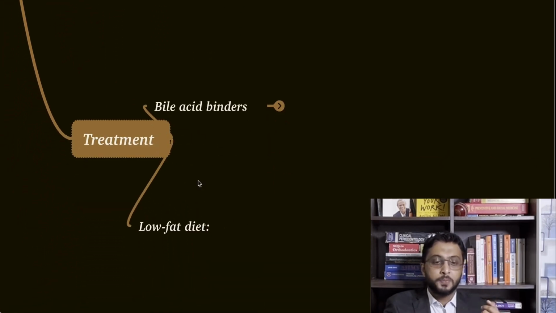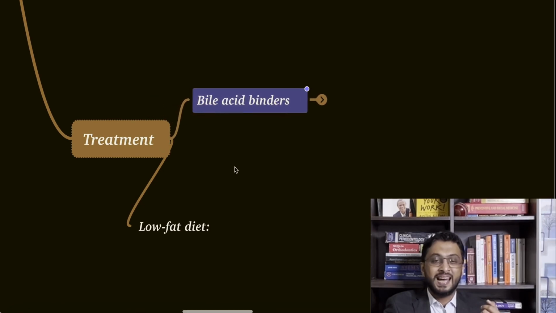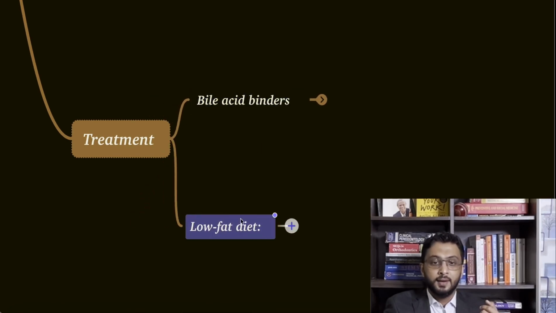Treatment, basically you have two options. Either you go for a bile acid binder. You have lots of bile acid causing diarrhea, so you use something to bind this excess bile acid so that there is no osmotic laxative effect, no water retention, and so no diarrhea. The second option is don't eat fat.